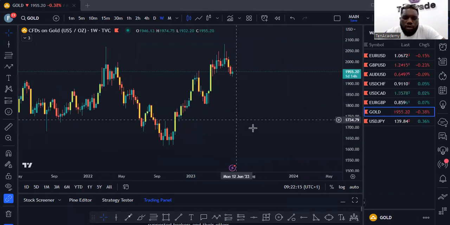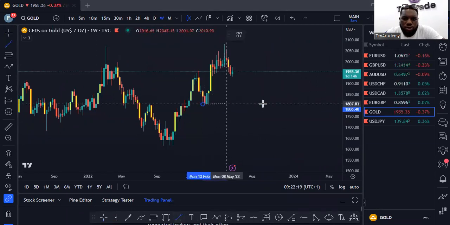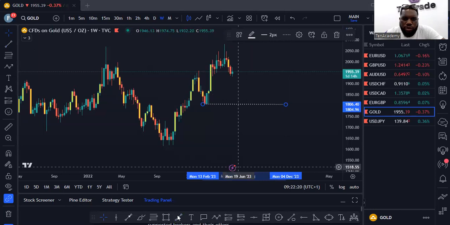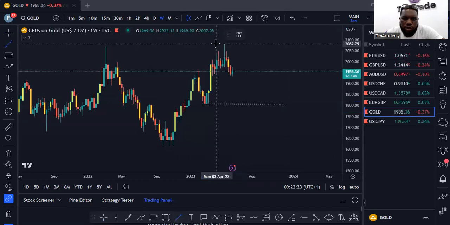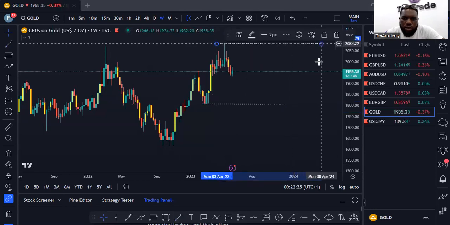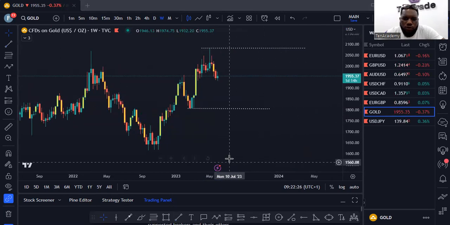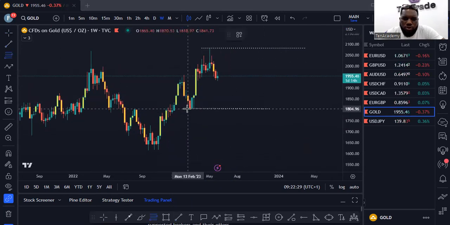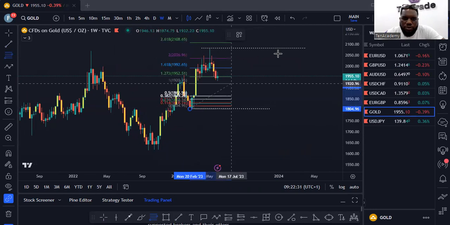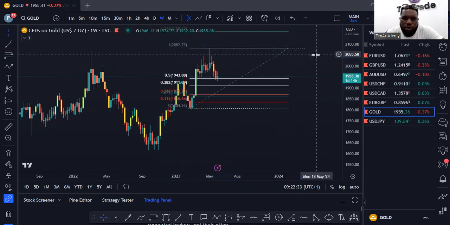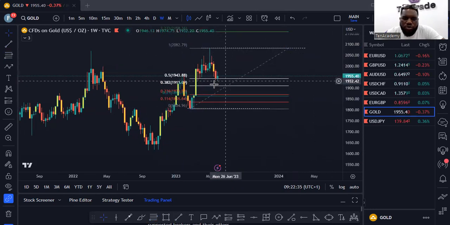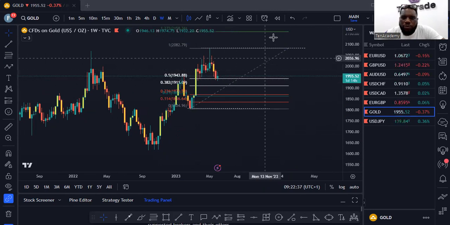And if you take a look at this structure, this major low here and this high, if you use your Fibonacci tool to measure from the start of the impulse to the end of the impulse, price has gotten to the golden zone, all right?